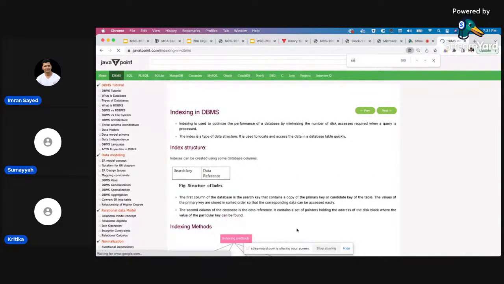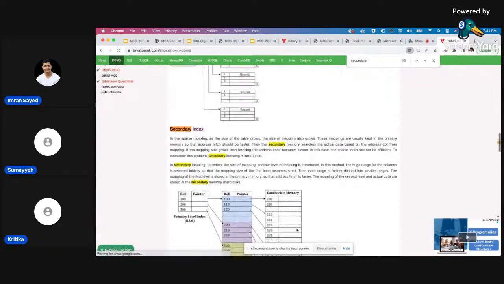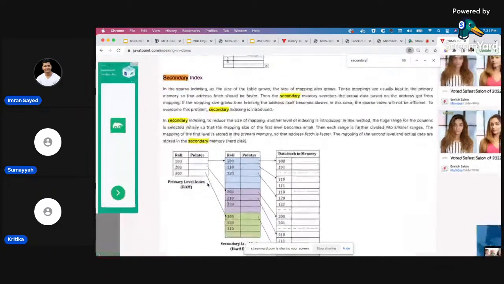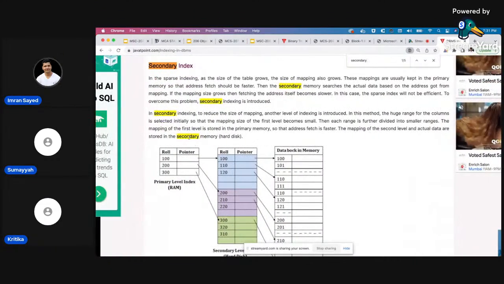Indexing. Yeah, this is the one. This is taken from here. Secondary index to reduce the size of mapping.